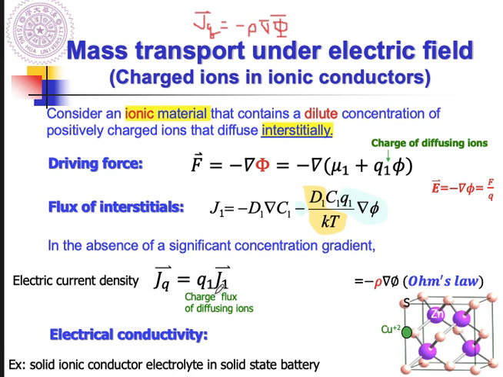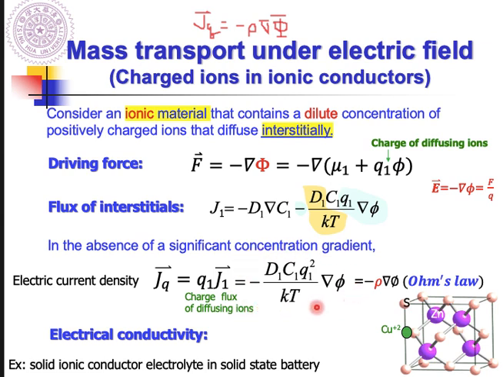It will be the charge, two positive charge here, times the atomic flux. So we just use this to substitute the J1. In order to simplify these equations, we assume there's no significant concentration of this doped positive charge, so we can delete this term. Then you multiply by Q1 to this term, so we get this here.